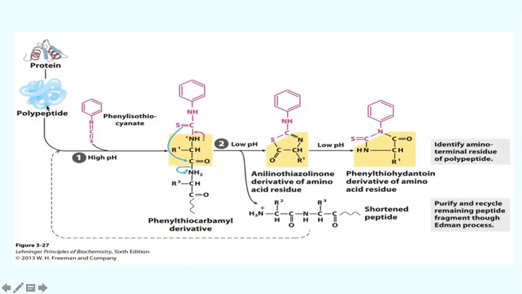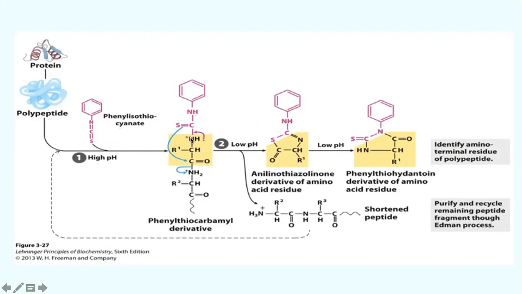And this is your protein. This is now taken up as linearized into a polypeptide chain. At high pH, it can be straightened up, and in alkaline situation, it reacts with the Edman reagent. You have your phenyl thiocarbamyl derivative, that is the first derivative.